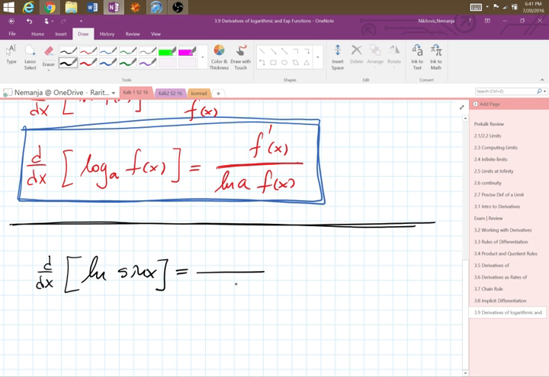Well, take the argument, which is sine x, Control C, Control V, into the denominator. And what's the derivative of sine x? Cosine x. So all together it becomes cotangent x. So the derivative of ln of sine x is cotangent x. Awesome.